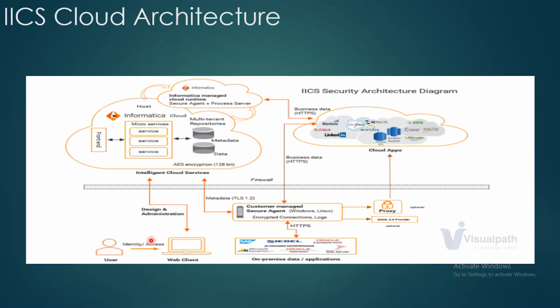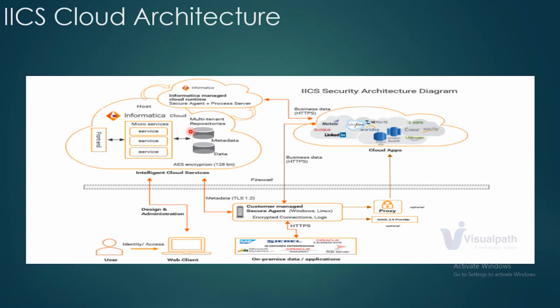You perform your design and administration, and you exchange the metadata with the Informatica Cloud multi-tenant repositories. These repositories are based on a microservices architecture, which ensures seamless communication across your on-premise data and cloud data hosted with different service providers like Marketo, Salesforce, Workday, LinkedIn, or any cloud connector.